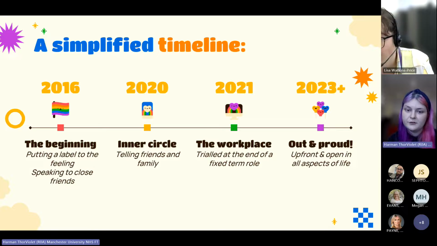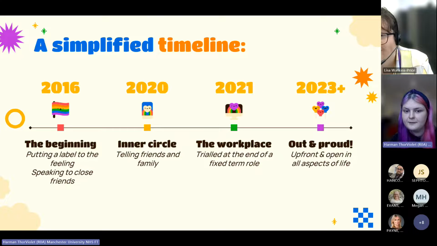Because of that backlash, it was only around late 2021 that I started trying to come out in the workplace. I was coming to the end of a fixed term role on an apprenticeship, and I thought, well, if it goes badly, I'm leaving. So the consequences felt as minimal as possible.